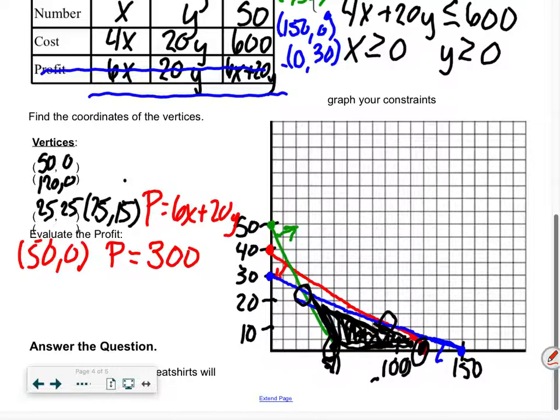If I plug 120, 0 in, all I'm doing is taking 6 times 120, and that gives me 720.